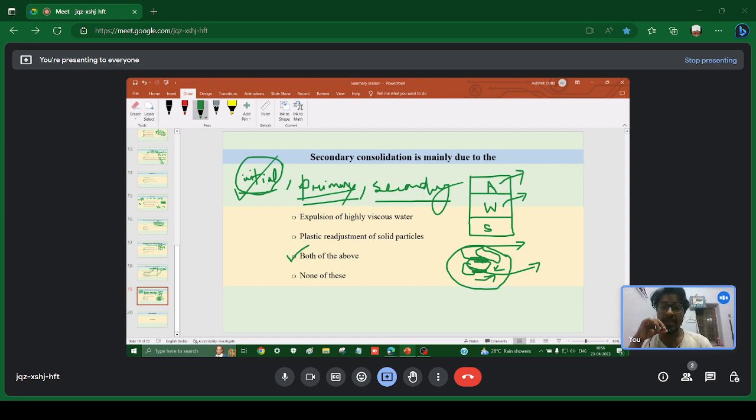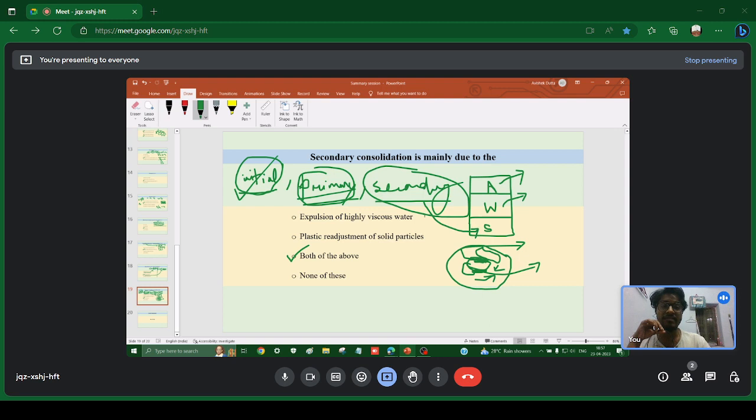So in case of initial consolidation, only the air is moving out, and water and soil are not getting affected. In case of primary consolidation, only water is getting out, and soil is not affected. In case of secondary consolidation, highly viscous water moves out, also affecting the solid particles.